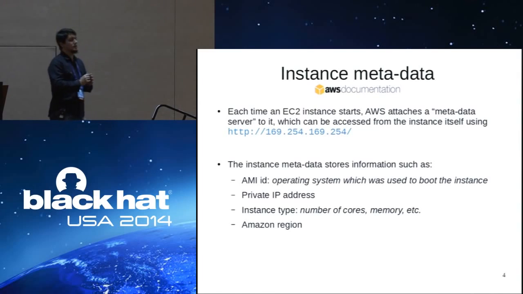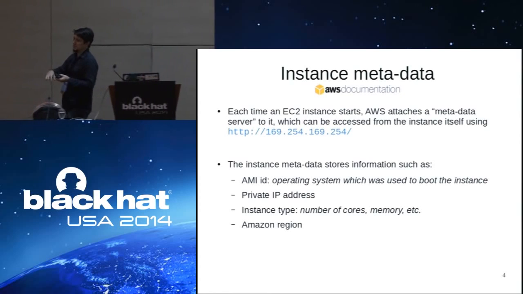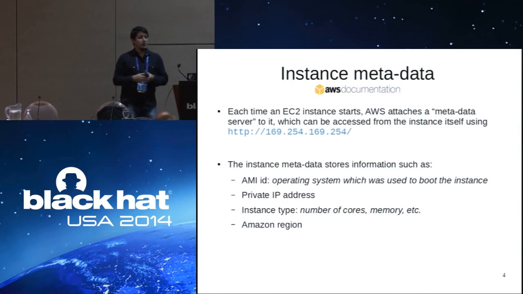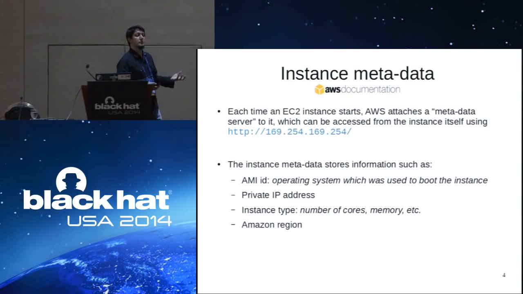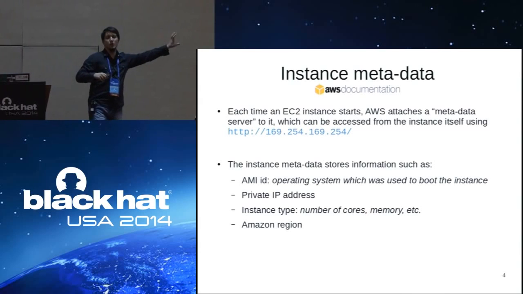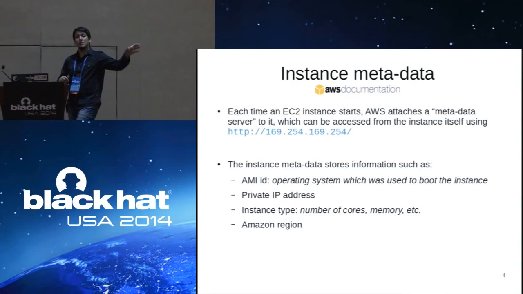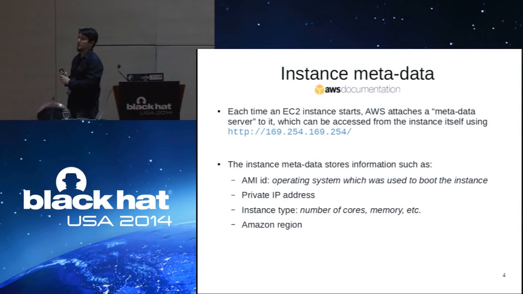You can only access that IP address and the metadata it stores from that individual instance. So from instance A, you cannot access the metadata from instance B. But in this case, because of the HTTP proxying vulnerability, I was able to access the metadata from anywhere in the world, because we had a vulnerable web application living in that EC2 instance.